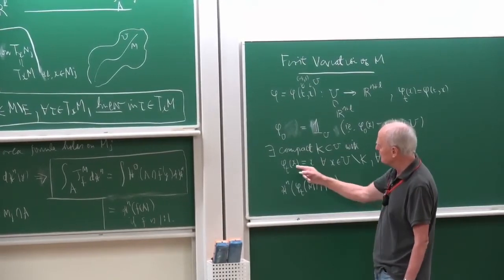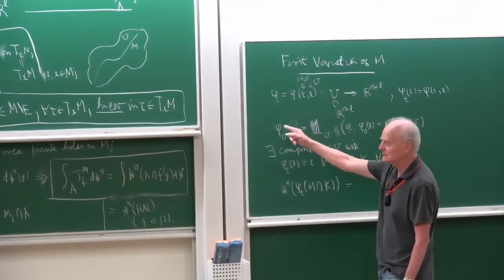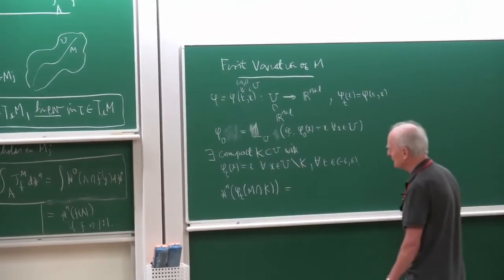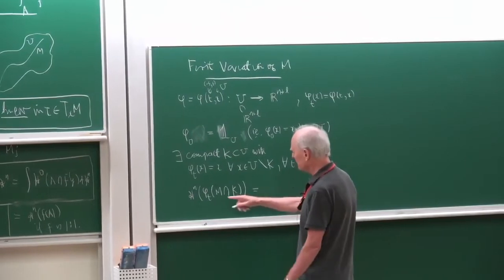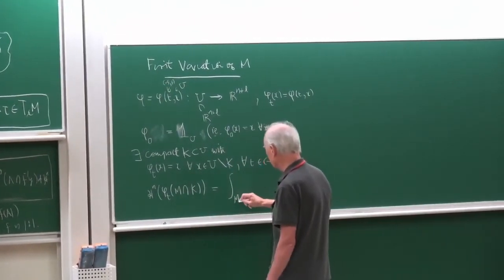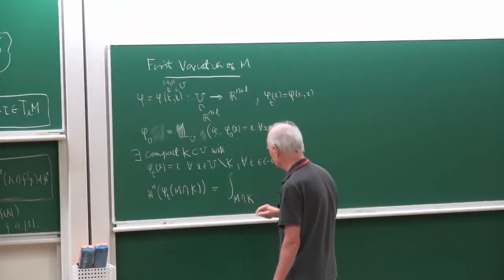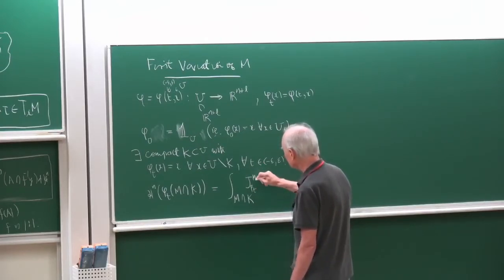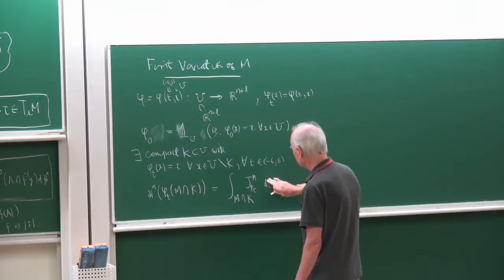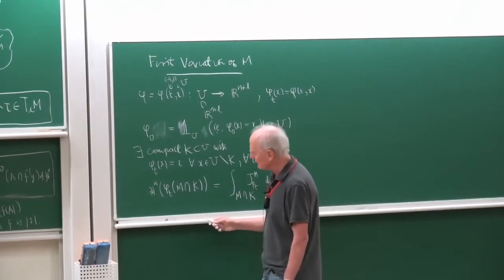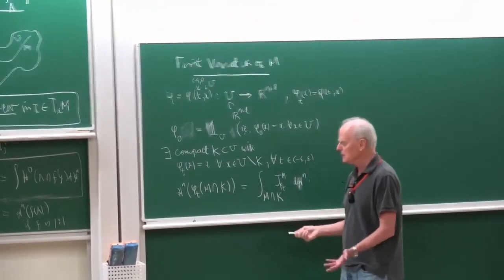Notice that for t small enough, phi_t is one-to-one, of course, because it starts off with the identity. So by the area formula, the measure of the image is equal to the integral of the Jacobian of phi_t over M intersect K, dH^n. We can proceed exactly as in the smooth case.